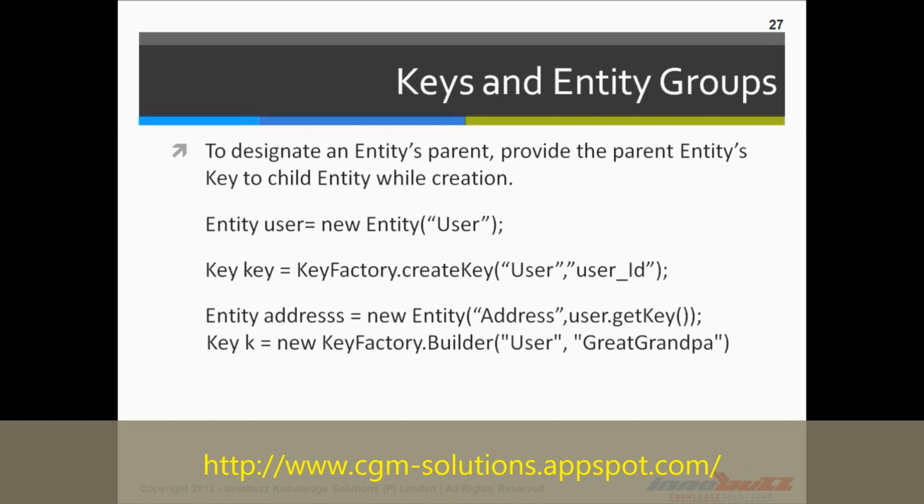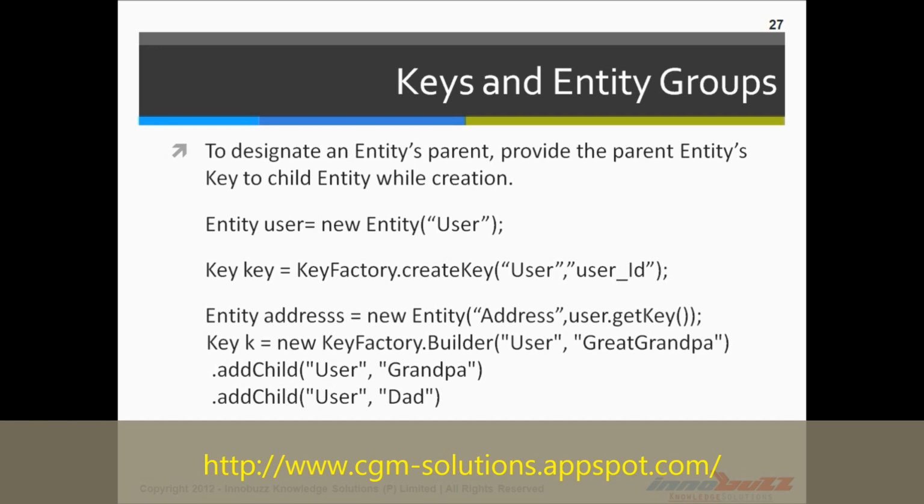KeyFactory.Builder is used to create ancestor keys. Here we have created great grandpa as the parent, which is the root entity. We are adding a child grandpa of kind user to the parent great grandpa, and dad to grandpa.